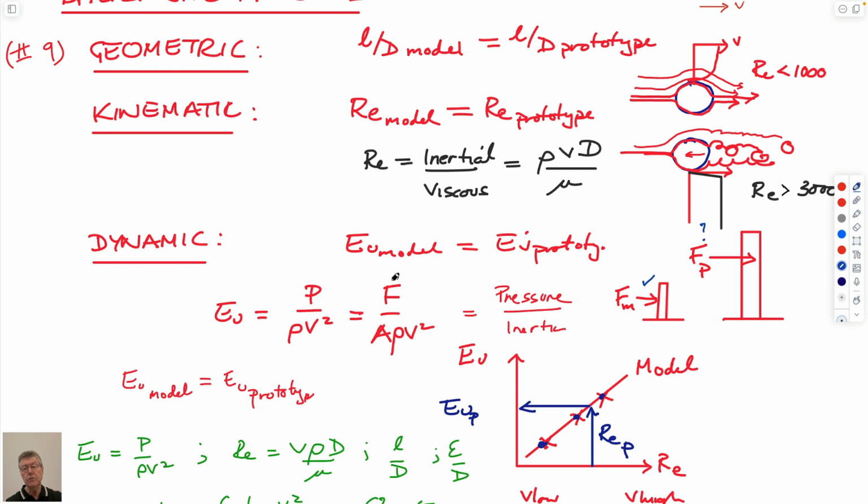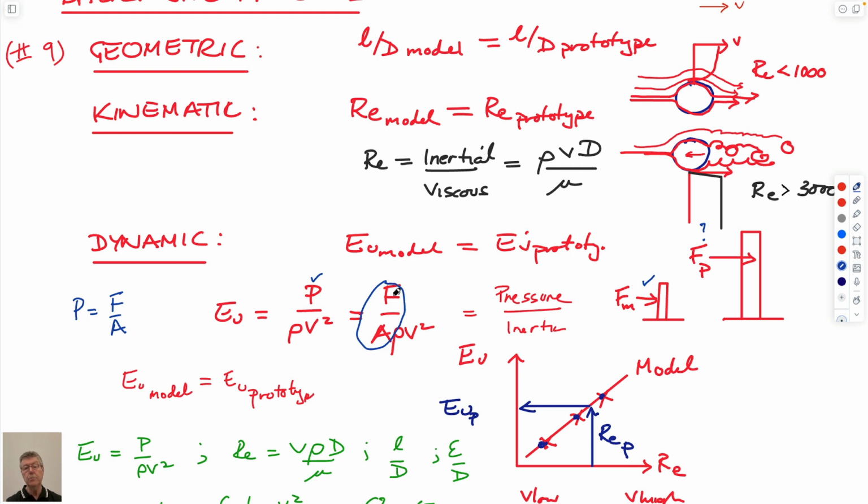A pressure is also equal to a force divided by an area. So you could replace pressure with some force divided by an area, if you wanted to, in which case you'd get this.